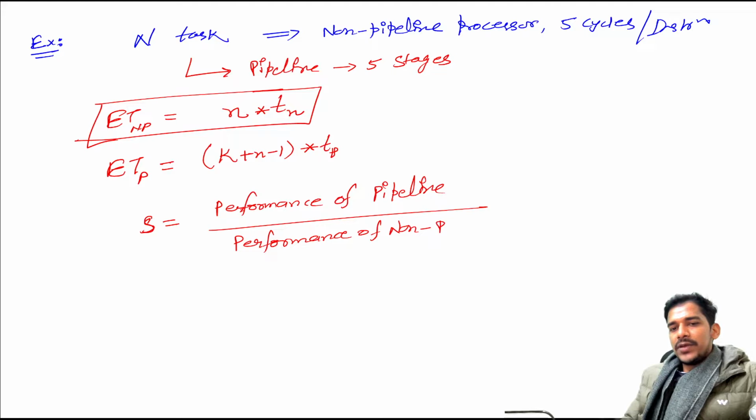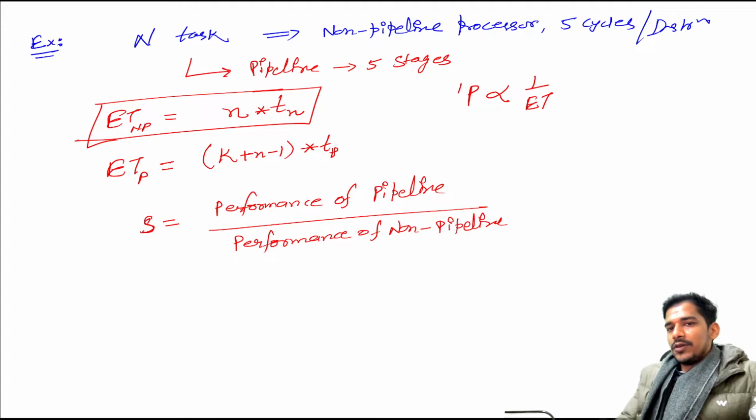And the performance will always be inversely proportional to the execution time. For example, if your execution time is more, then the performance is decreasing. If the performance is increasing, this means that the execution time is less. So performance is inversely proportional to execution time.